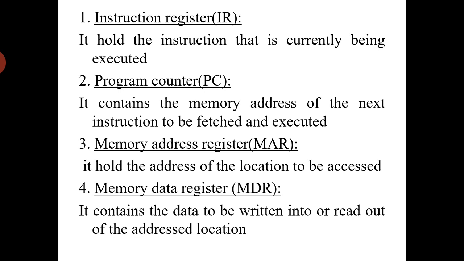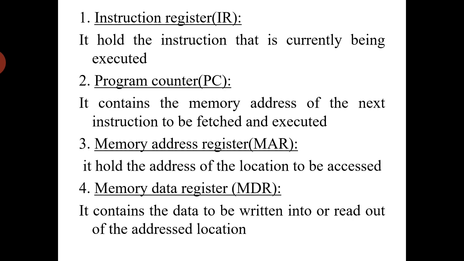Okay, so the instruction register holds the instruction that is currently executed, and the program counter stores the address of the next instruction which has to be fetched.